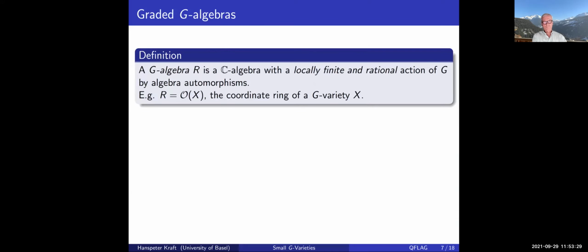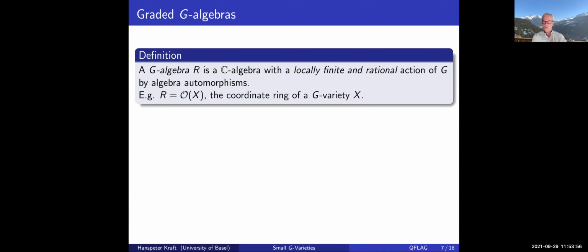It's the following. Let me first define the concept of a G-algebra. A G-algebra is a C-algebra with a locally finite and rational action of G by algebra automorphisms. So the typical examples, and the only ones we are going to use, are the coordinate rings of affine G-varieties.